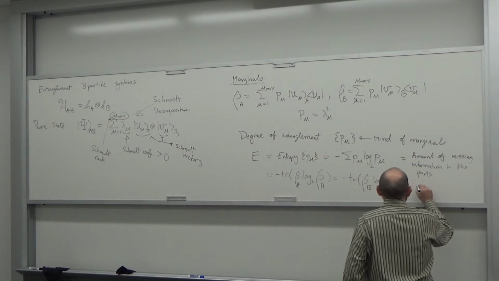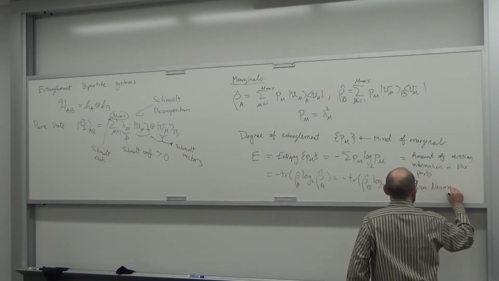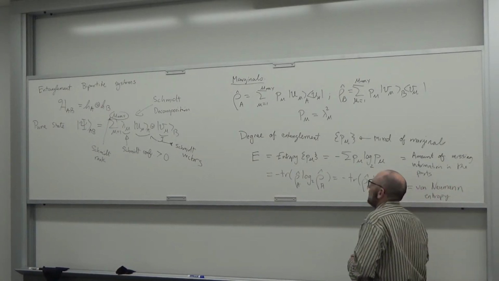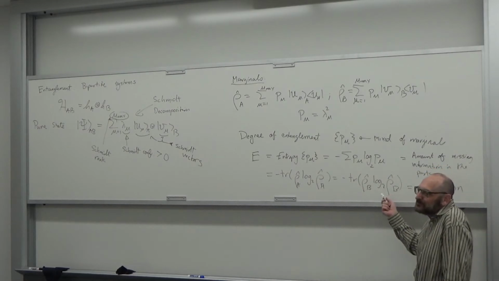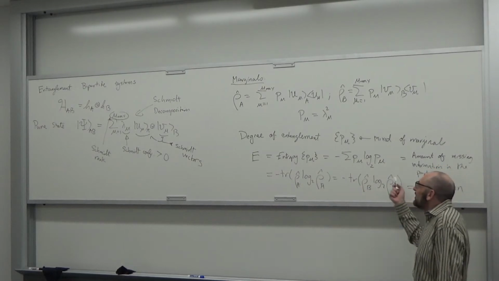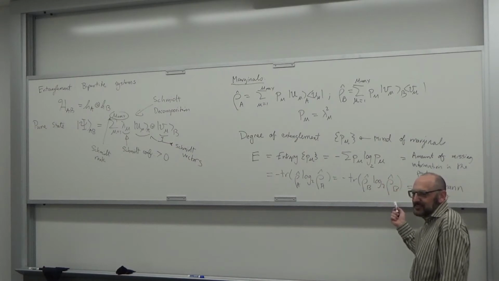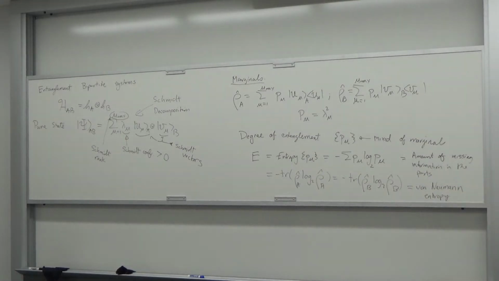And that, written this way, is known as the von Neumann entropy. Okay, so the von Neumann entropy, this is an operator expression, but if I look at the trace in the basis of its eigenvectors, I get this, right? That's what that means, right?